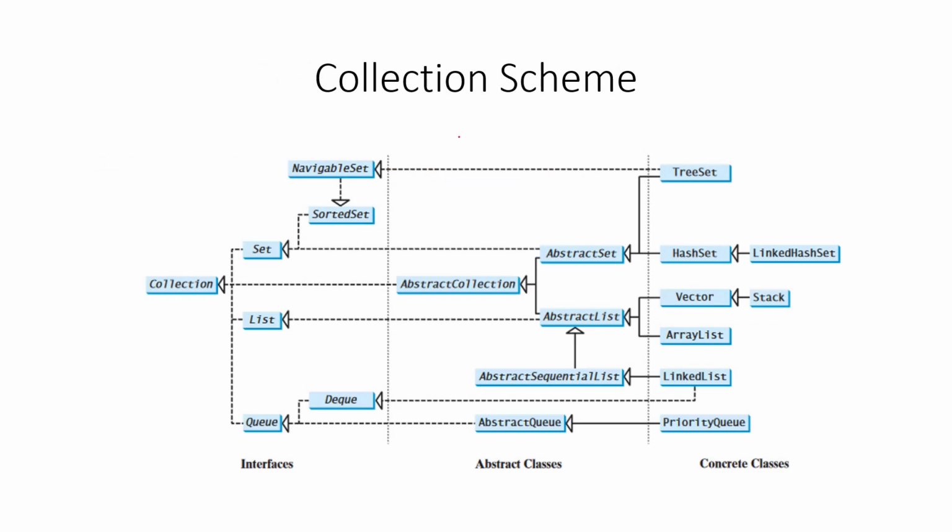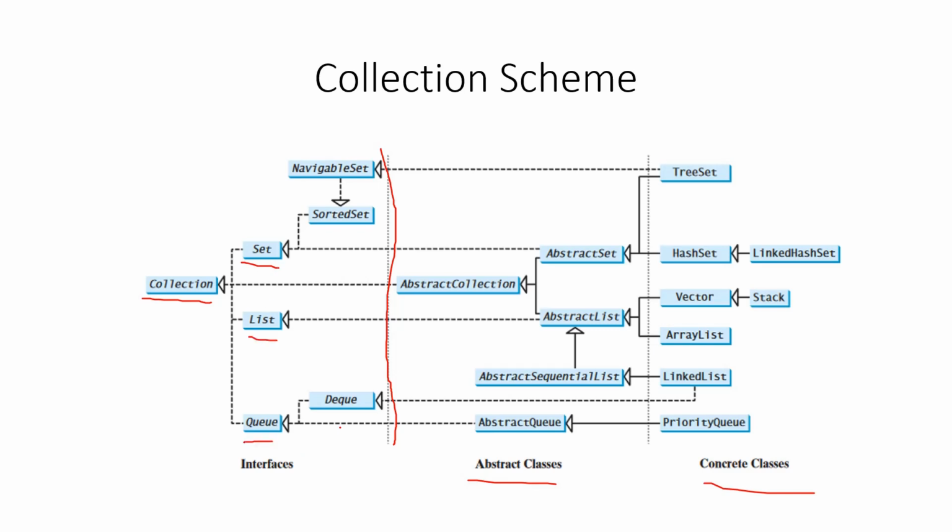So here is the scheme of the collection. As you can see, this part of the scheme is all the interfaces that define similar behavior for the abstract classes and concrete classes. Above everything, we have the collection, and the collection has three sub-interfaces: set, list, and queue.